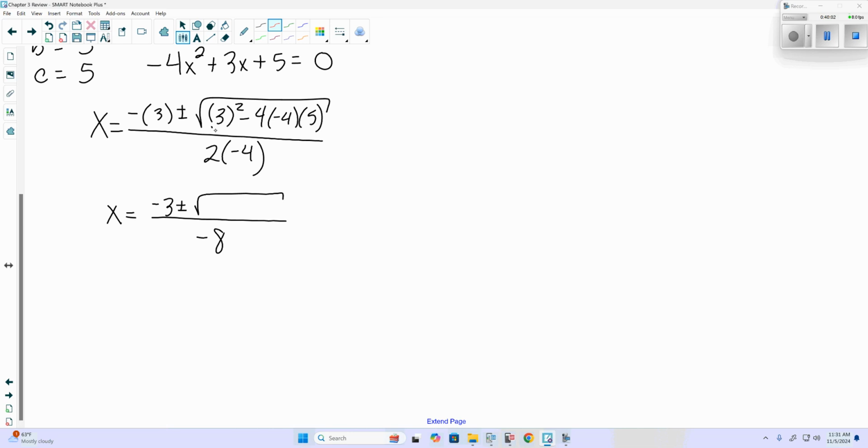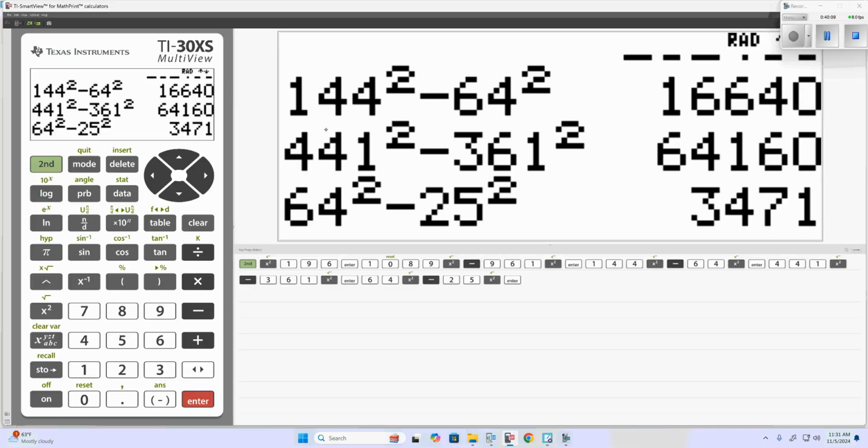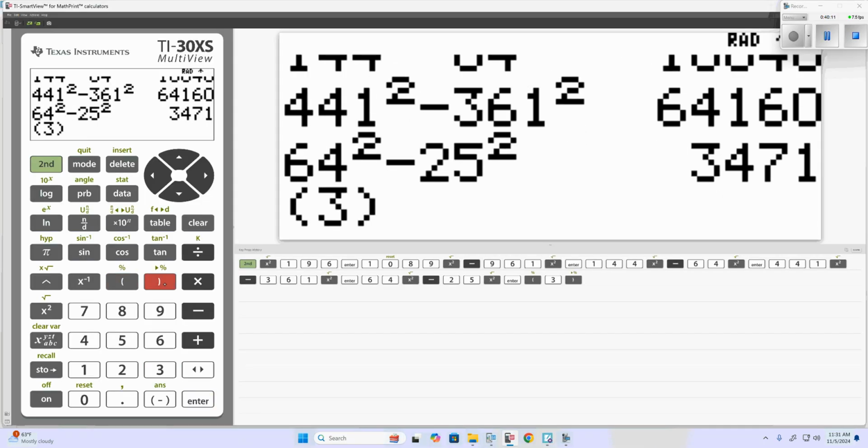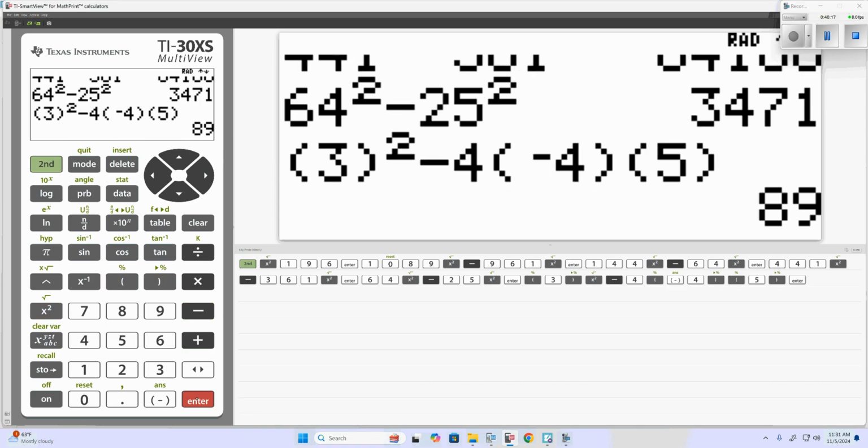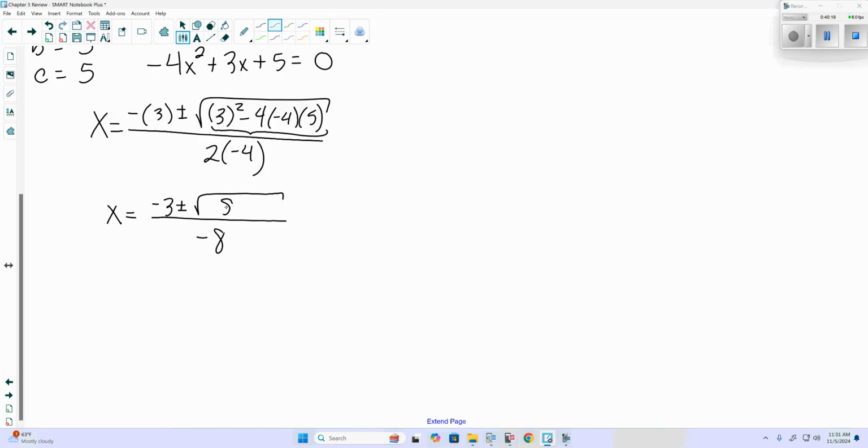At this point, we're going to plug all of this inside the radical into the calculator. So our 3 squared minus 4 times negative 4 times 5 is 89.